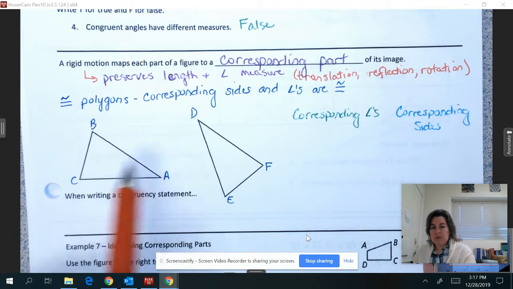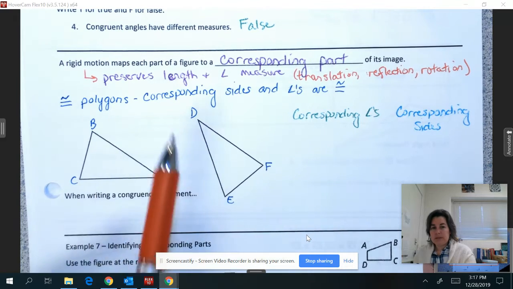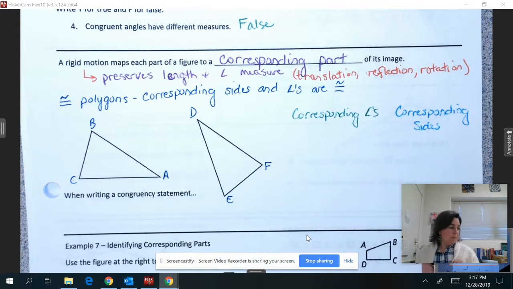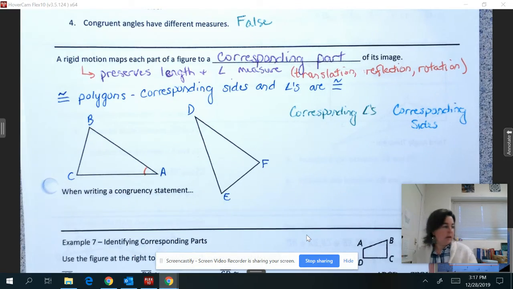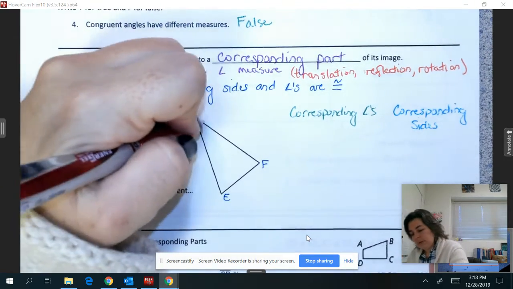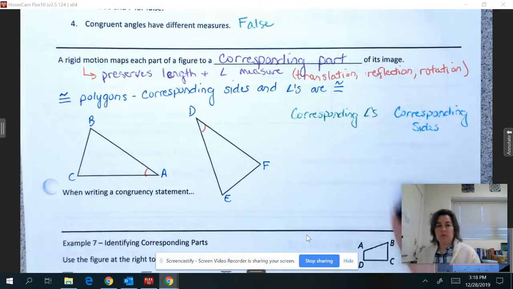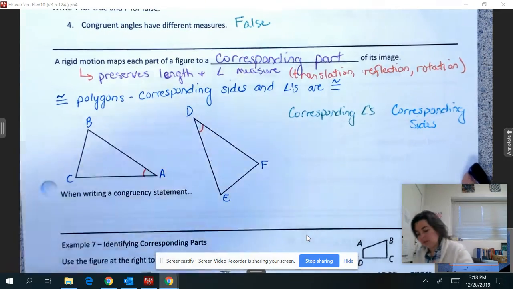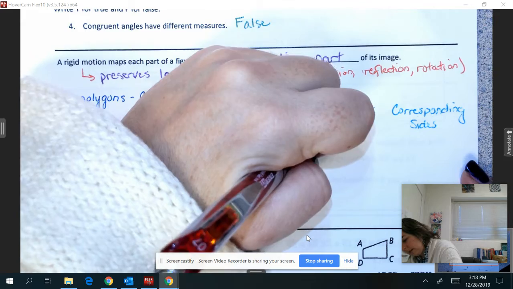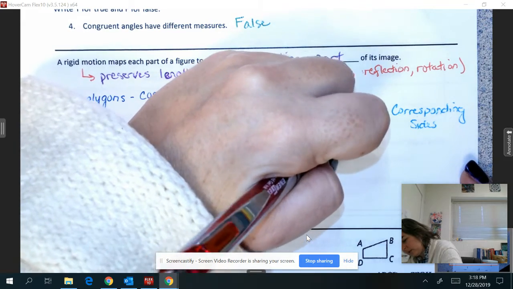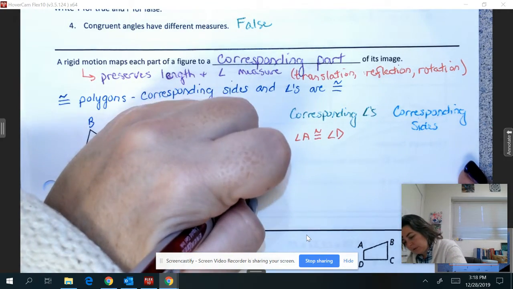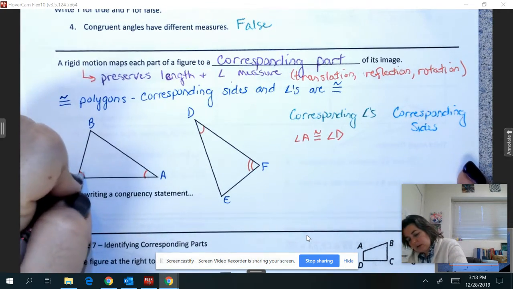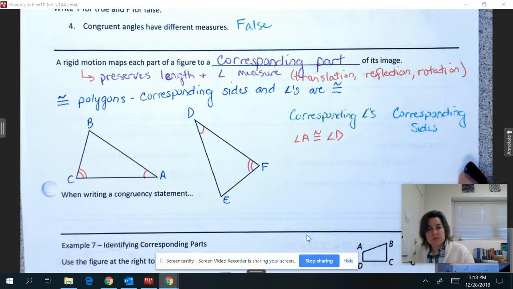So I have these 2 triangles here, and I labeled the sides A, B, and C, and then D, E, and F. I want you also to label that angle A has 1 arc in it, so does angle D. So those 2 are corresponding angles. They are the same measure. So I would put angle A is congruent to angle D. Okay, F is going to go with C, so I'm going to put 2 arcs on those 2.